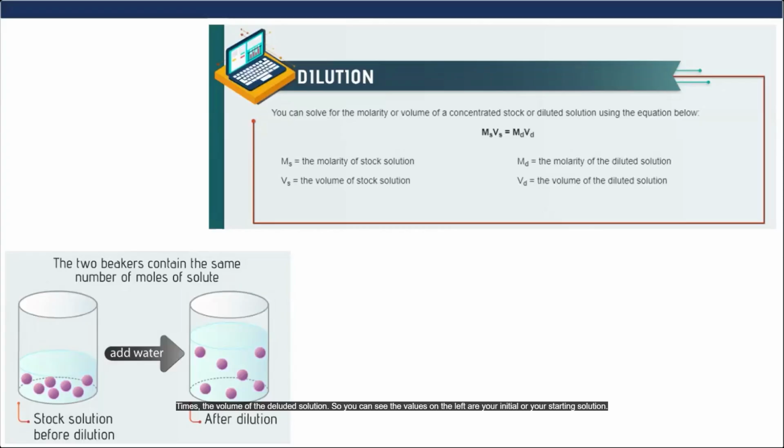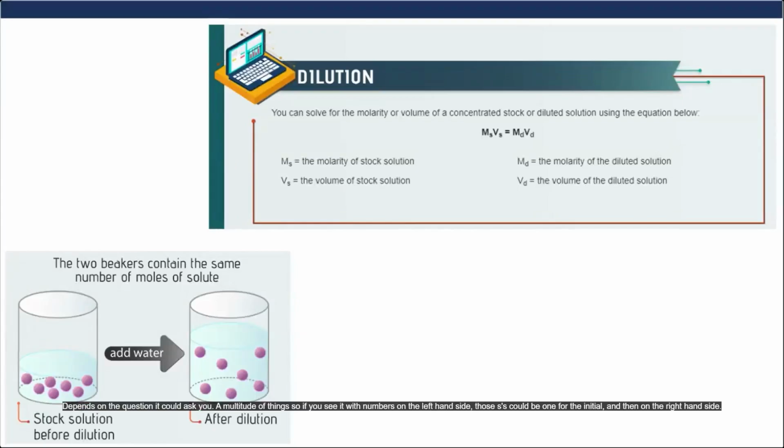So you can see the values on the left are your initial or your starting solution. Oftentimes you may see instead of that subscript S, you might actually see the number 1 because it's the first one, it's what you're starting with. And then the second one is what typically you're solving for, the second molarity. What is the new molarity? Depends on the question.